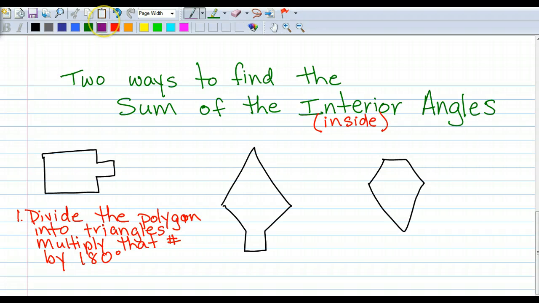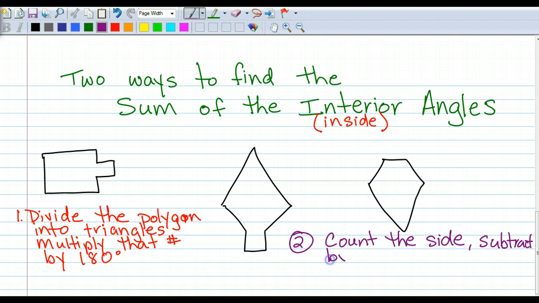Then I would suggest you use the second way, which is to count the sides, then you subtract by 2, and then multiply by 180 degrees.